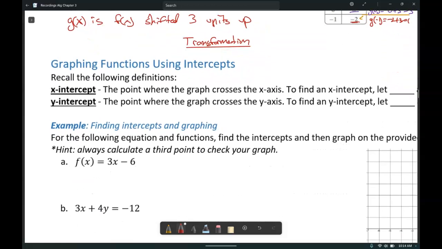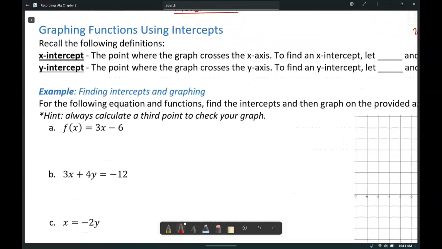So recall that we can graph using intercepts. The definition that we gave earlier for x-intercepts is that it is the point where the graph crosses the x-axis. And every point on the x-axis, no matter what our line is, no matter what the slope is, has the same thing in common.